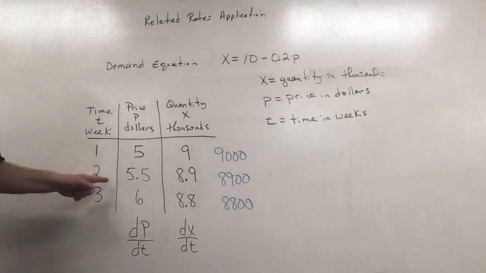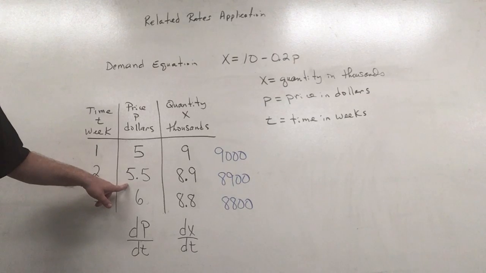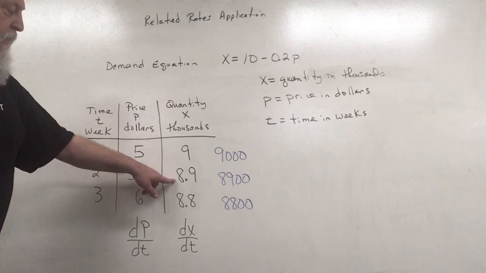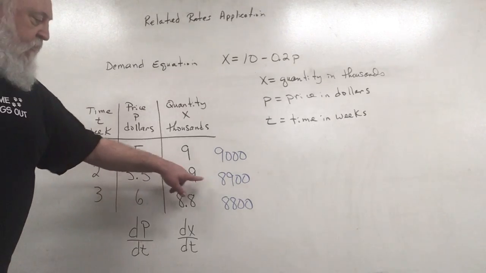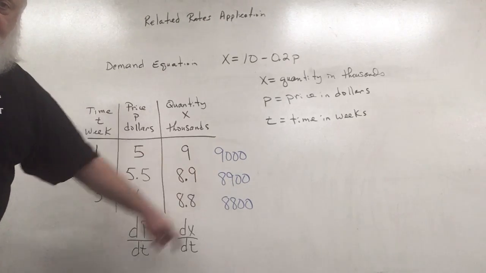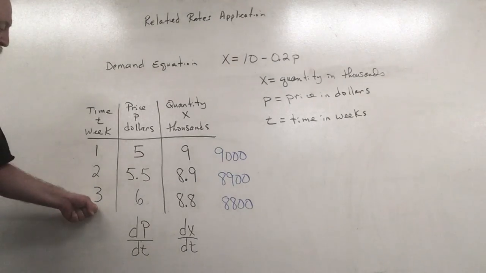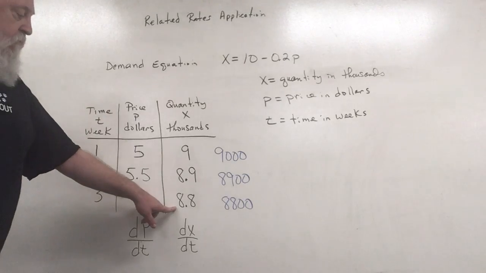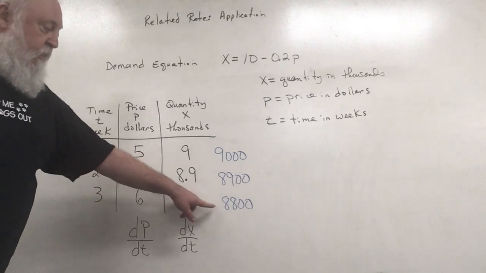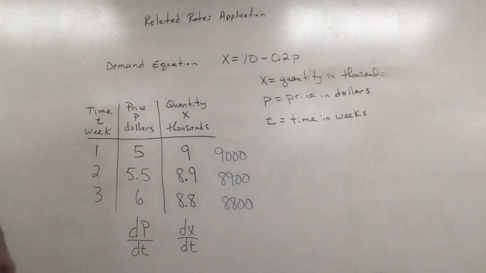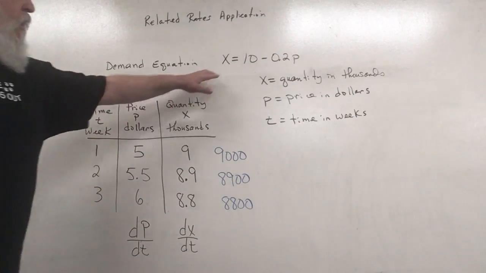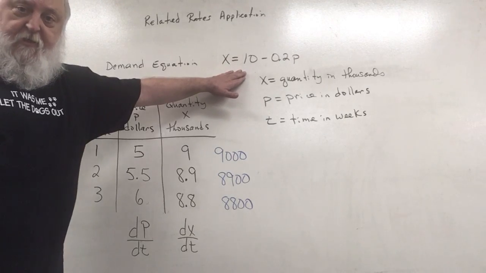In week 2, we raise the price to $5.50, and we sell 8.9 thousand units, or 8,900. And in the third week, we raise the price to $6 per unit, and we sell 8.8 thousand units, or 8,800. Our combinations of price and quantity, p and x, always satisfy the demand equation up here.